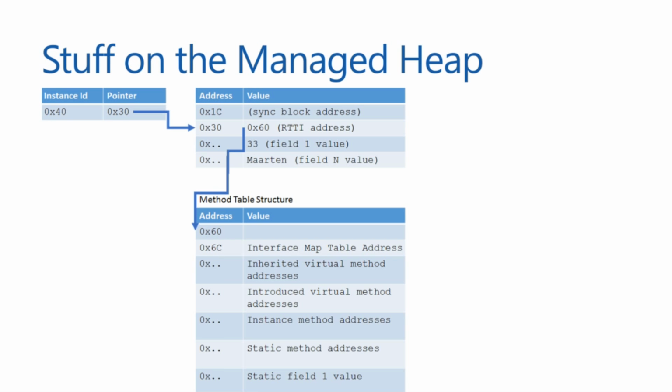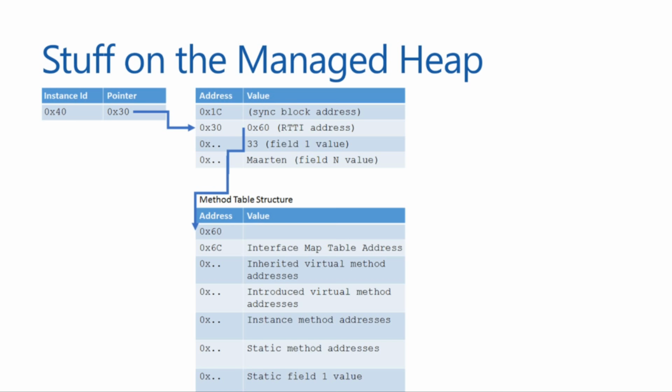When you allocate something, you will get an instance ID and a pointer to values that are in your class. So I will have my age in there, my name in there, and so on, but also a link to the RTTI address, the runtime type information table, so that I can get information about what the properties are, what the types of the properties are, and so on, and basically make sense of what is in memory. That's how .NET does it. There's a couple more tables, but in a nutshell, this is how that happens.